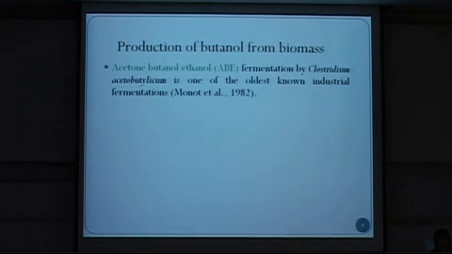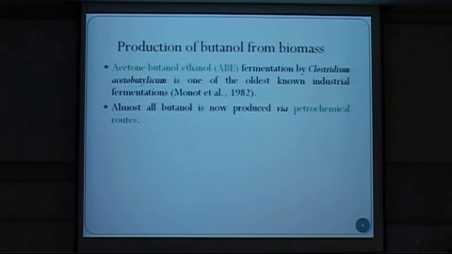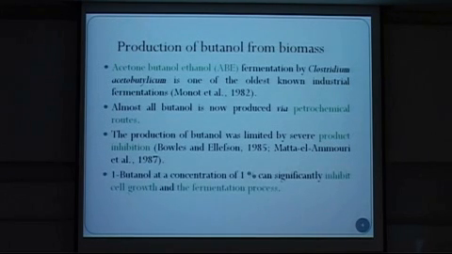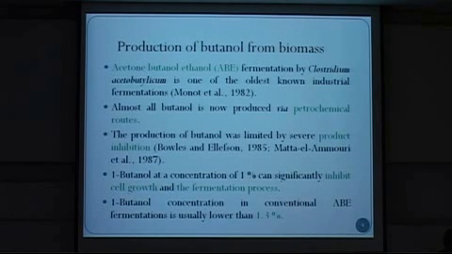However, the actual fermentation is so complicated that almost all butanol is produced via petrochemical routes. The production of butanol is limited by severe product inhibition. It can be inhibited by 1% butanol, and the butanol concentration in conventional ABE fermentation is usually lower than 1.3%.